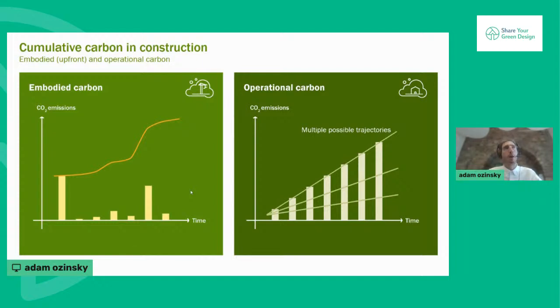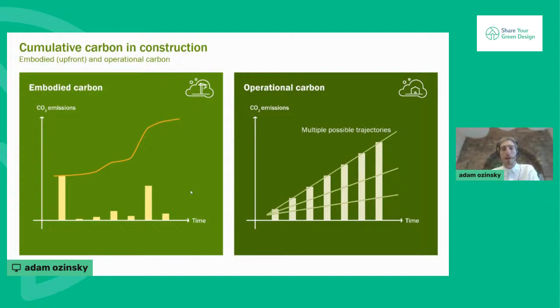The other thing to say about operational, as there are with embodied but perhaps more so, is that there are always multiple possible trajectories depending on how the building is used, what happens to the electrical grid that is supplying it, all those sorts of things.